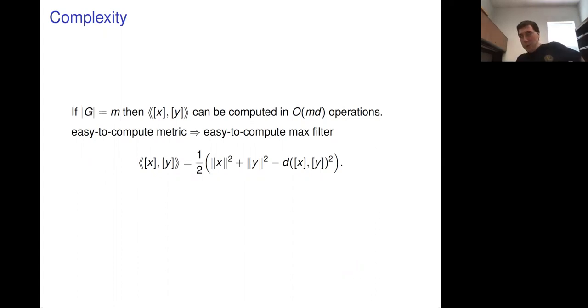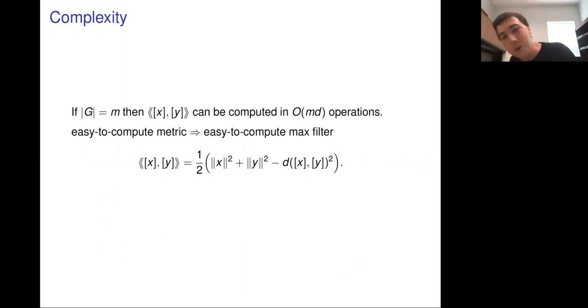So I want to briefly discuss the complexity of evaluating a max filter. If you just look at the definition on its face, in order to compute the max filter between two orbits, you need to scroll through the entire orbit and compute an inner product, X inner product GY, and evaluate that for every G in G. And if M, the order of G, is big, that can be a prohibitive thing to do.